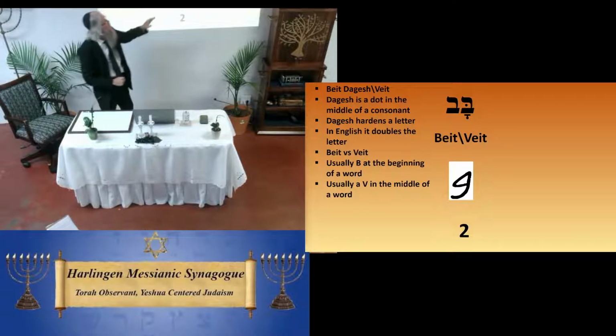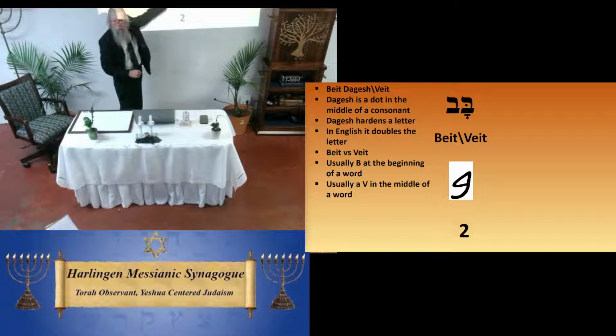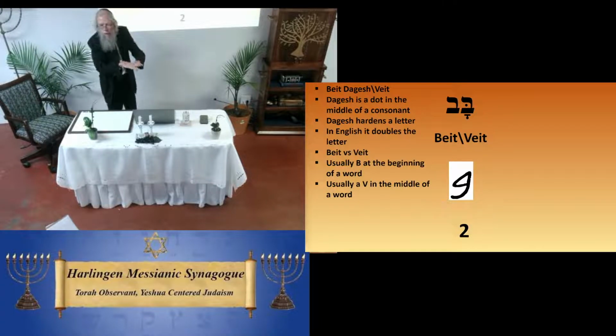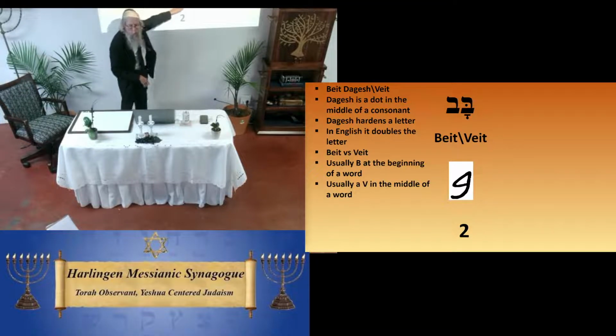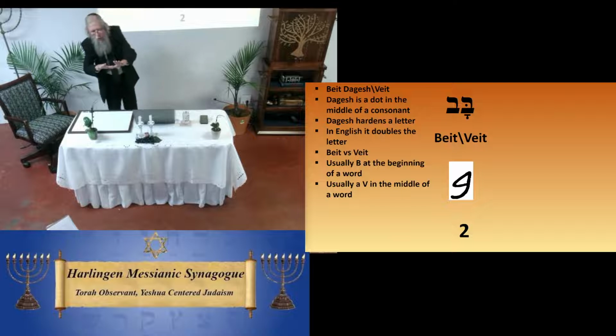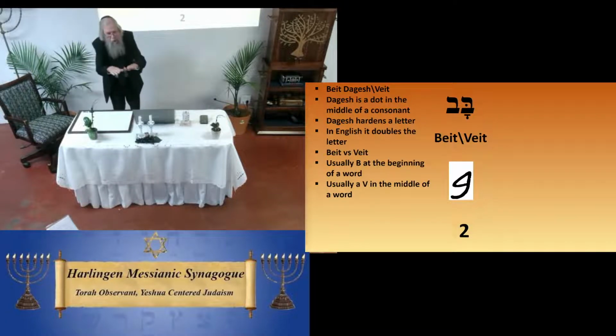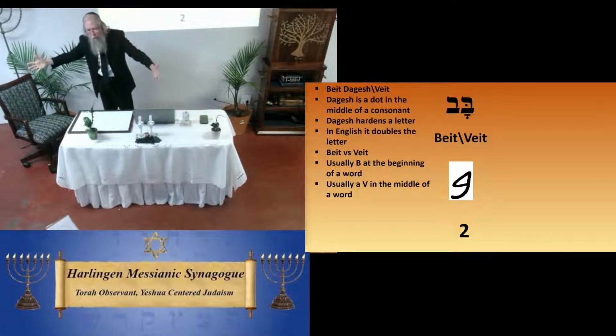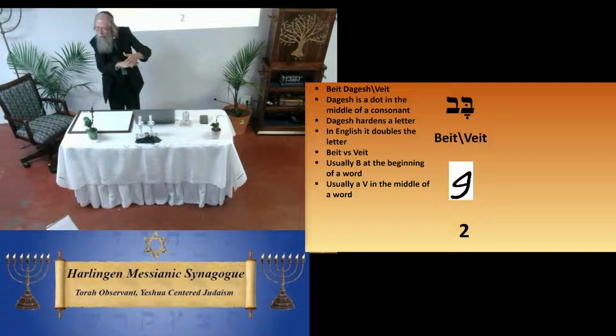So here, the b means inside. Why? Because it's a house. You live inside the house. You see the relationship: inside, within. You're sheltered, covering. So within.